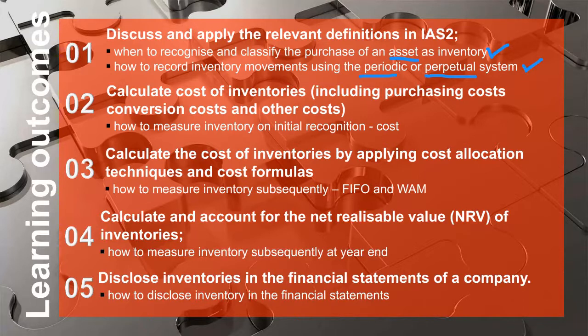The first step is purchasing costs. Some people might call that the cost price, right? The cost price of the goods. In accounting, we call that initial recognition, and you'll see that word initial recognition.